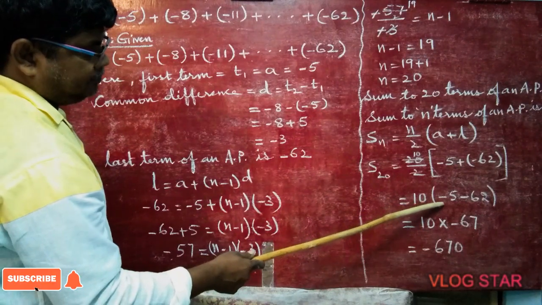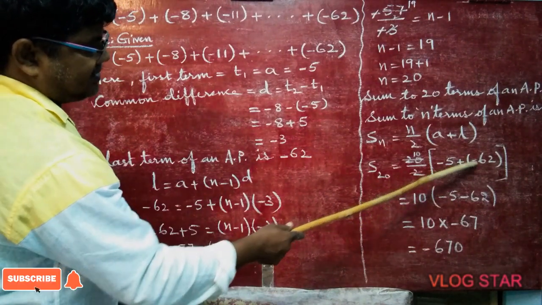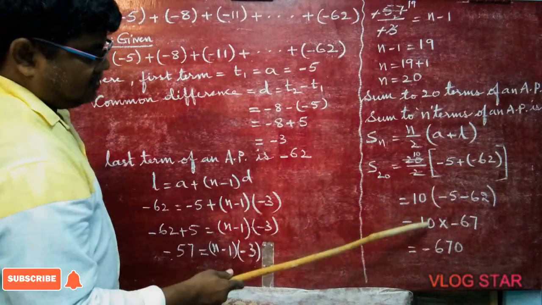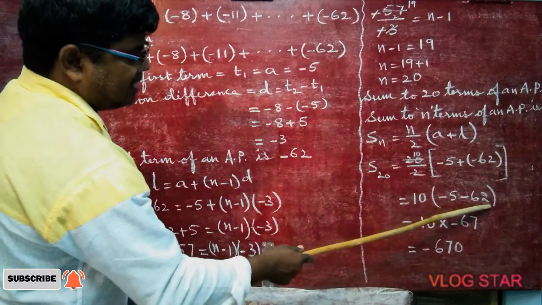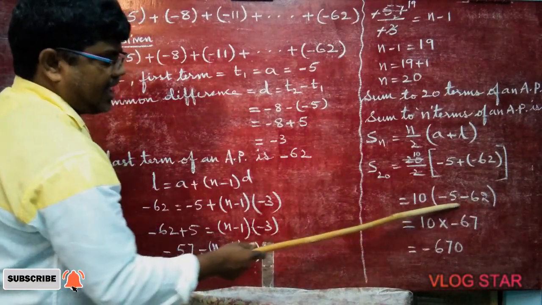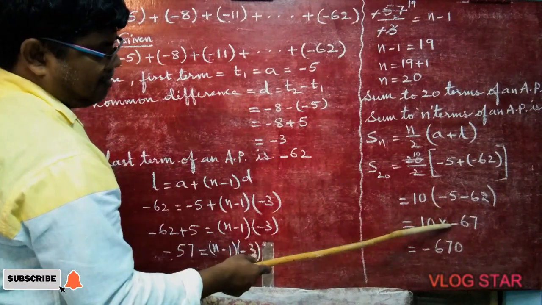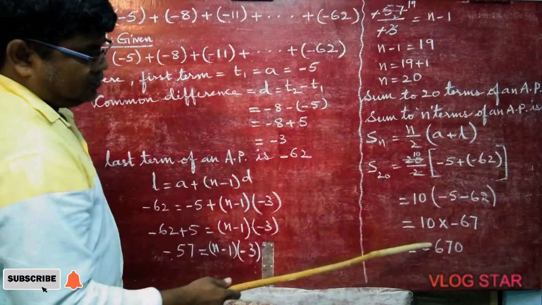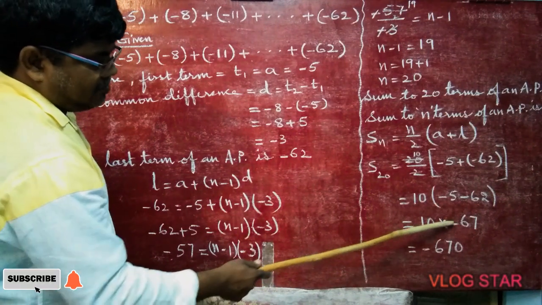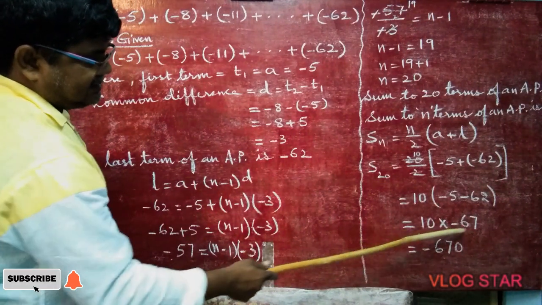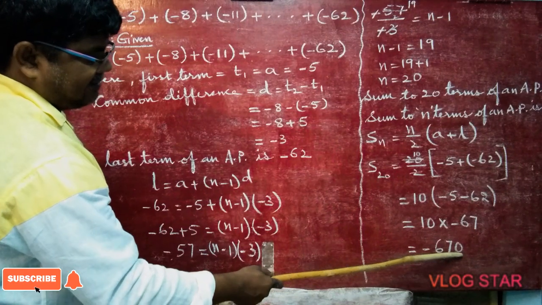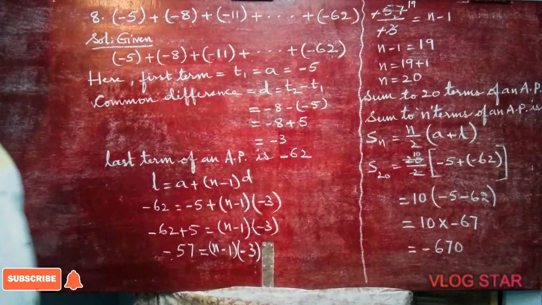So 10 into minus 5 plus minus 62. Both have the same signs, so we add: minus 5 minus 62 is minus 67. You know the 10 table. Plus into minus is minus. 10 67s are 670. So this is the answer.